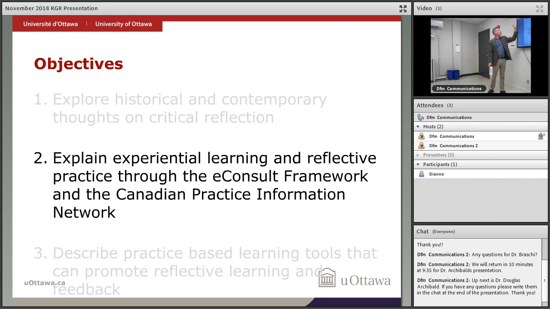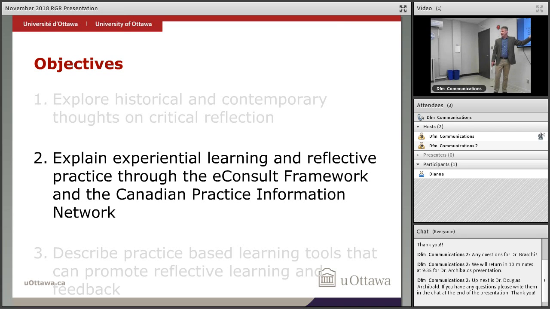So that is essentially a brief history of critical reflection, looking at Dewey's work, moving on to Brookfield, Schoen, and then also I wanted to put in the Kolb learning cycle here because this leads me to this next piece around experiential learning and a framework that I helped to develop.